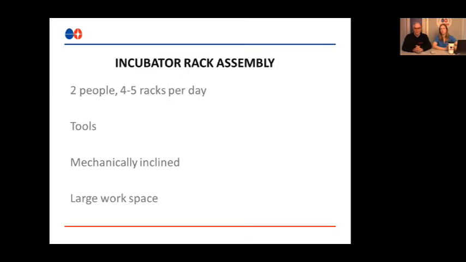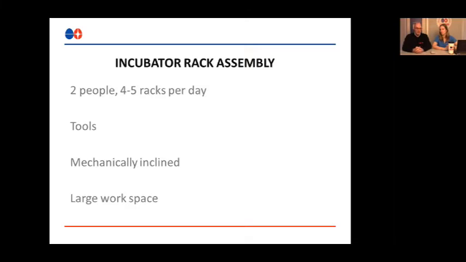A rule of thumb that we generally use is if you have 2 people assembling racks, you can expect them to do about 4 to 5 racks per day. And there's some assumptions that we make when we say 4 to 5 racks per day. We assume that the people doing this rack assembly process are mechanically inclined, that they are familiar with tools, and that they're comfortable using these tools.